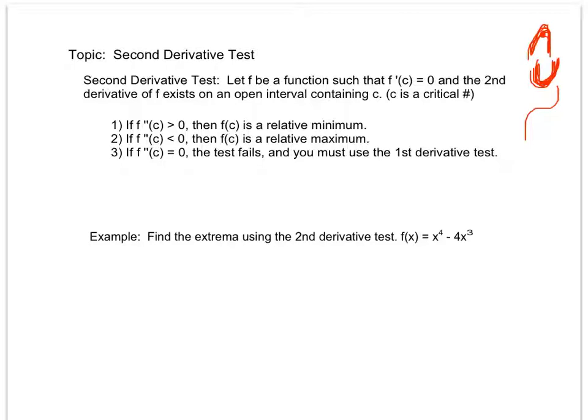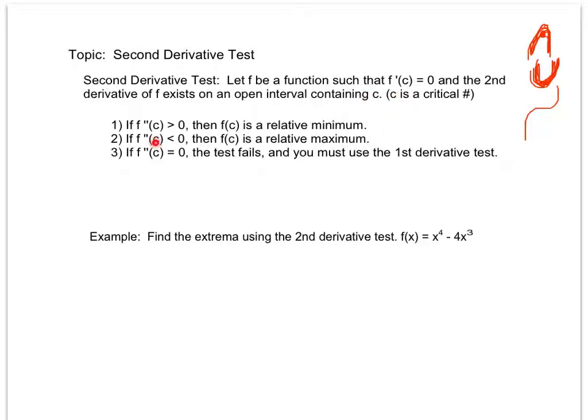I know my critical point is not any of these other values on the curve; it's either a maximum or a minimum. If I'm concave up, I have to be at the bottom of that concave up curve, at a minimum.